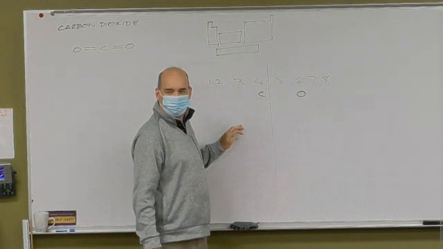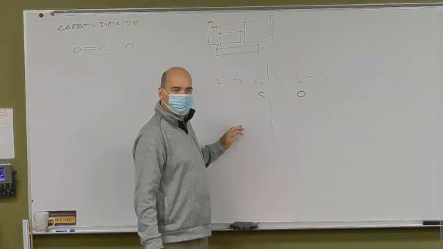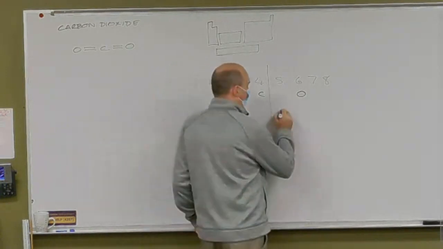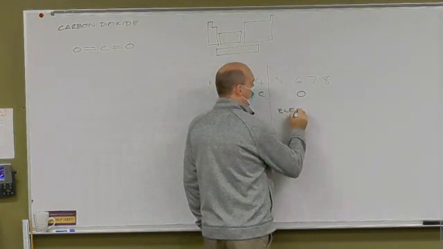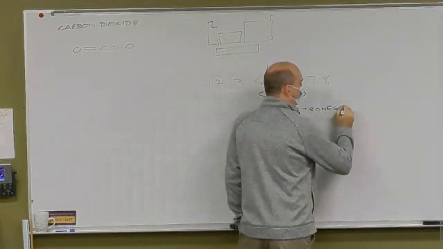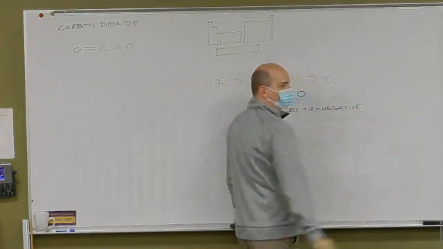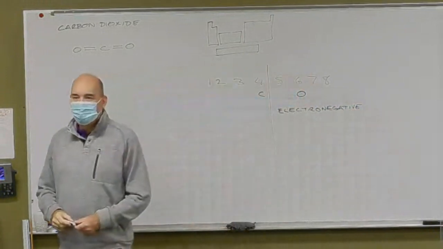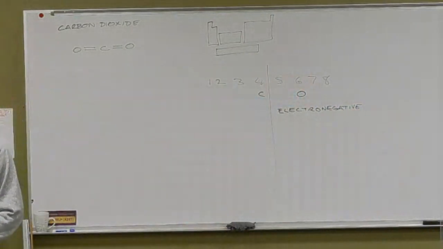Any hint of a clue as to what that is? Right-hand side of the periodic table is electronegative. What does that mean? It has a bit of a charge. We defined it. It's been up on the board.